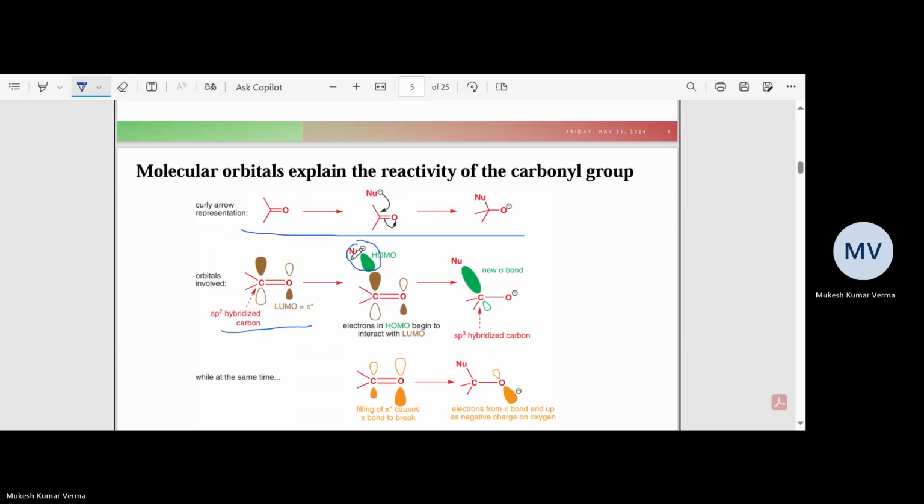The HOMO-occupied nucleophile attacks the LUMO of the carbonyl carbon to form a new sigma bond. When the bond forms between the nucleophile and carbon, the pi bond between the carbon and oxygen breaks. These electrons are shifted onto the oxygen, which increases the electron density on the oxygen atom.